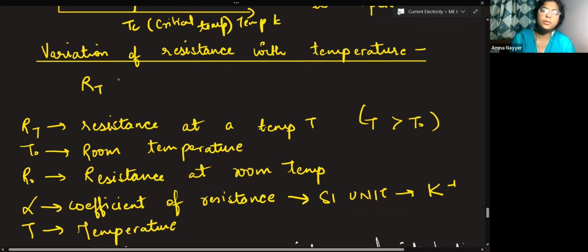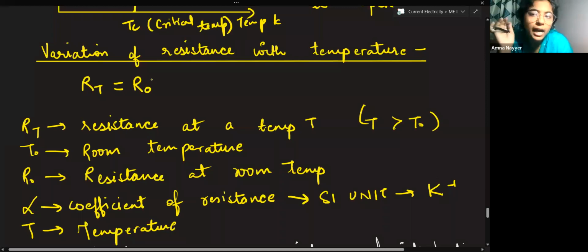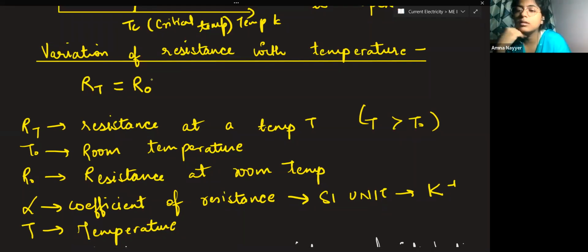This is equal to the resistance at room temperature. Room temperature basically means 37 to 40 degrees Celsius, whatever is the common room temperature taken. The value of resistance at that point, when the temperature is room temperature, we take as R with a 0 in the subscript, which we pronounce as naught.